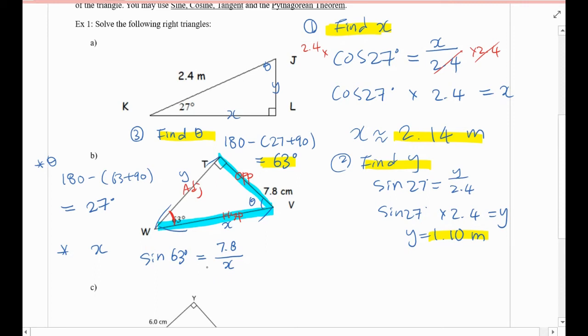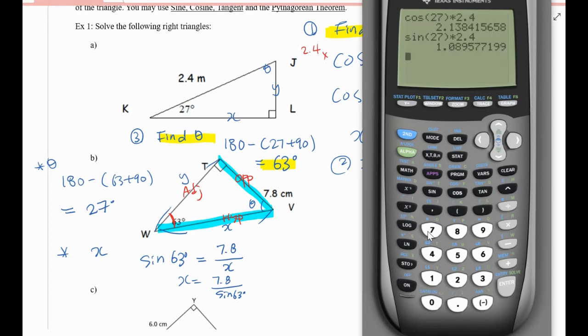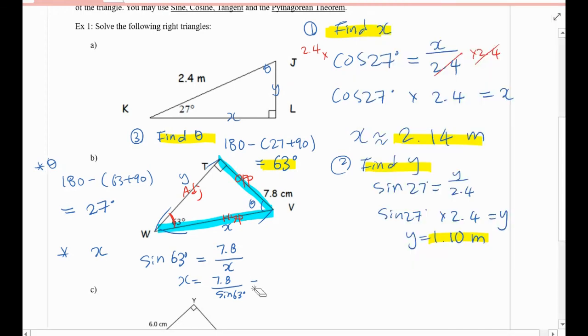Then x equals 7.8 over sine 63. Put this into your calculator: 7.8 divided by sine 63, and that is 8.75. So x will be 8.75 centimeters.